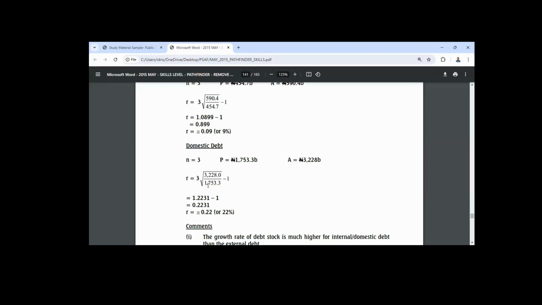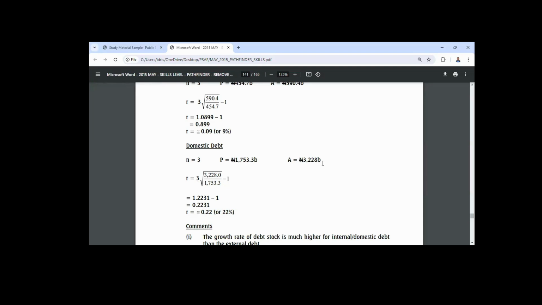So the cube root of 3228 divided by 1753.3, minus 1. At the end of the day, you are going to get 22%. Growth rate for internal debt is 22%, while growth rate for external debt is 9%.